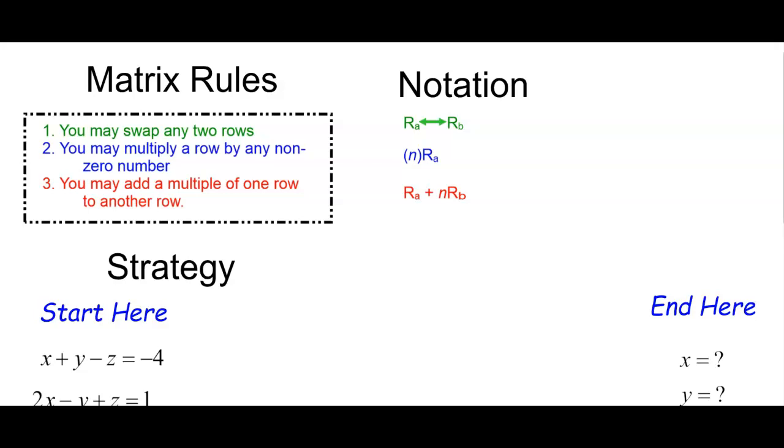The second matrix rule is one that you use pretty often, a couple of times in each problem, I would say. And that's the one that says you can take a row and multiply by any non-zero number. Multiplying a row of a matrix is equivalent to multiplying an equation by something. And we do that a lot. We multiply equations by things all the time, so that should feel pretty natural as well.